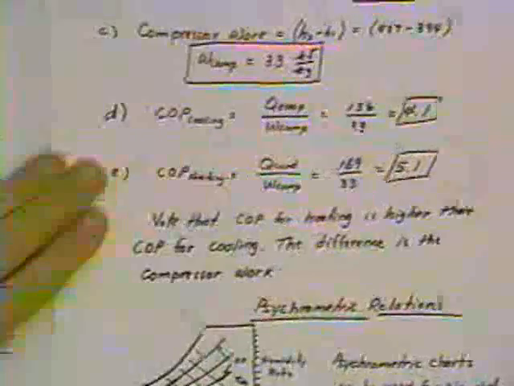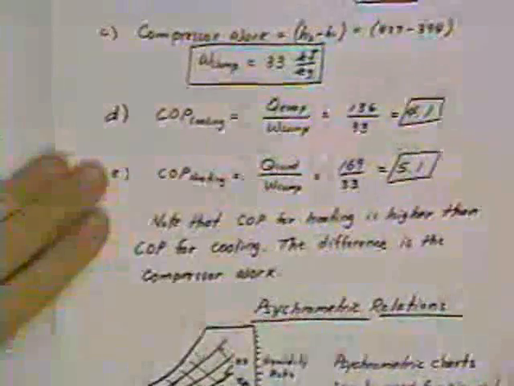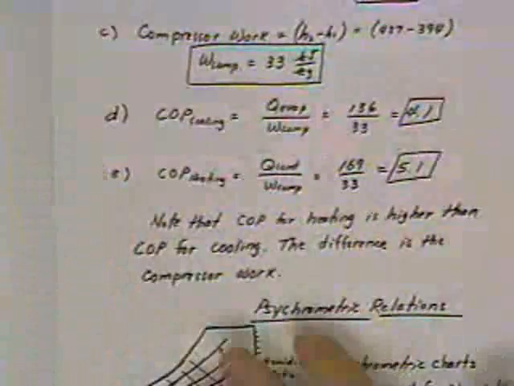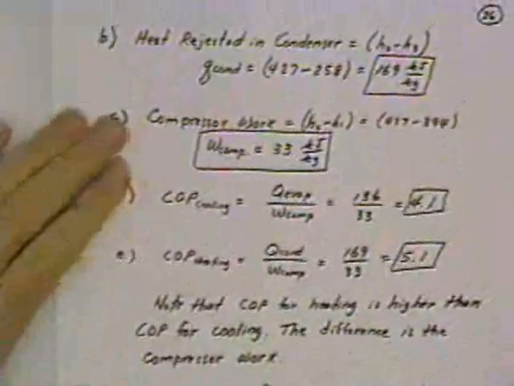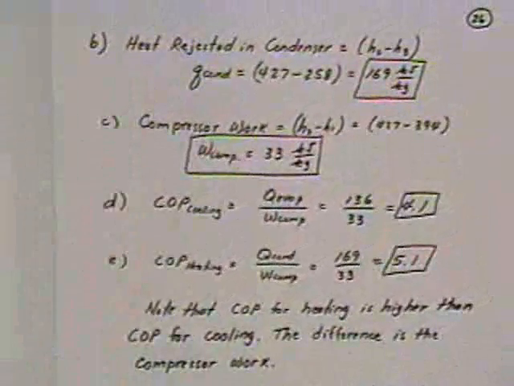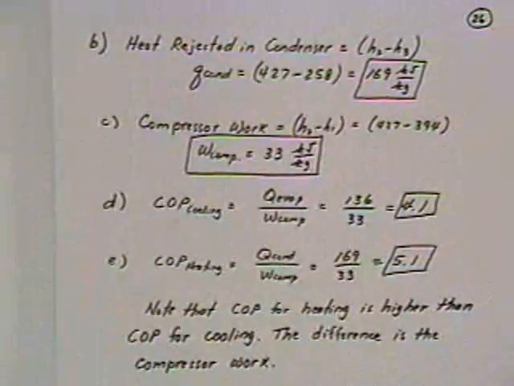Okay, as we complete our cycle analysis and go around this thing, we want to find the heat rejected in the condenser, the compressor work, the coefficient of performance for cooling, and the coefficient of performance for heating. Heat rejected in the condenser is H2 minus H3, so Q in the condenser is 427 minus 258, which is 169 kilojoules per kilogram.